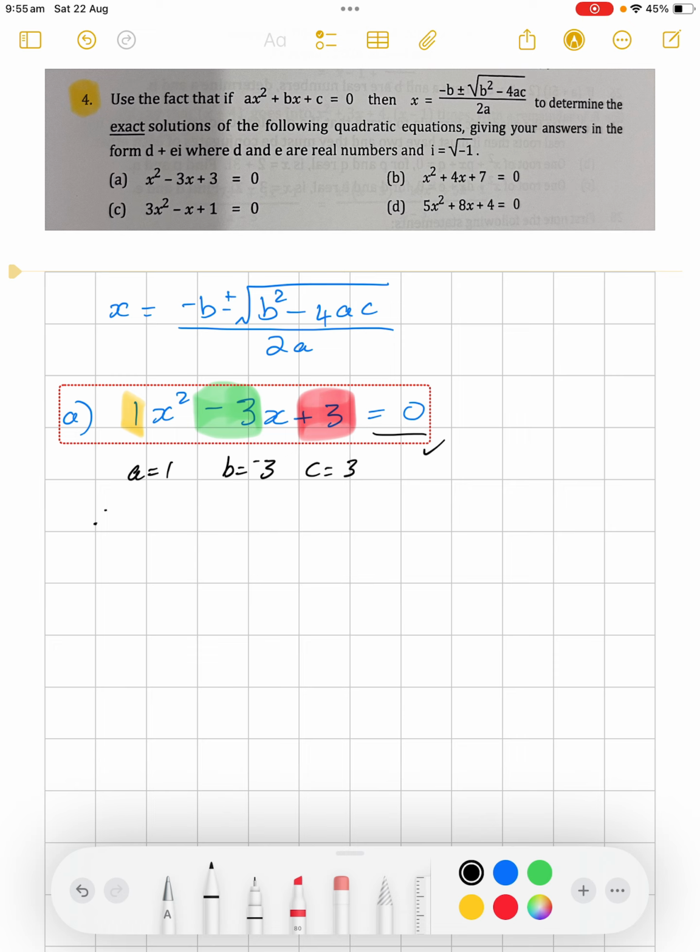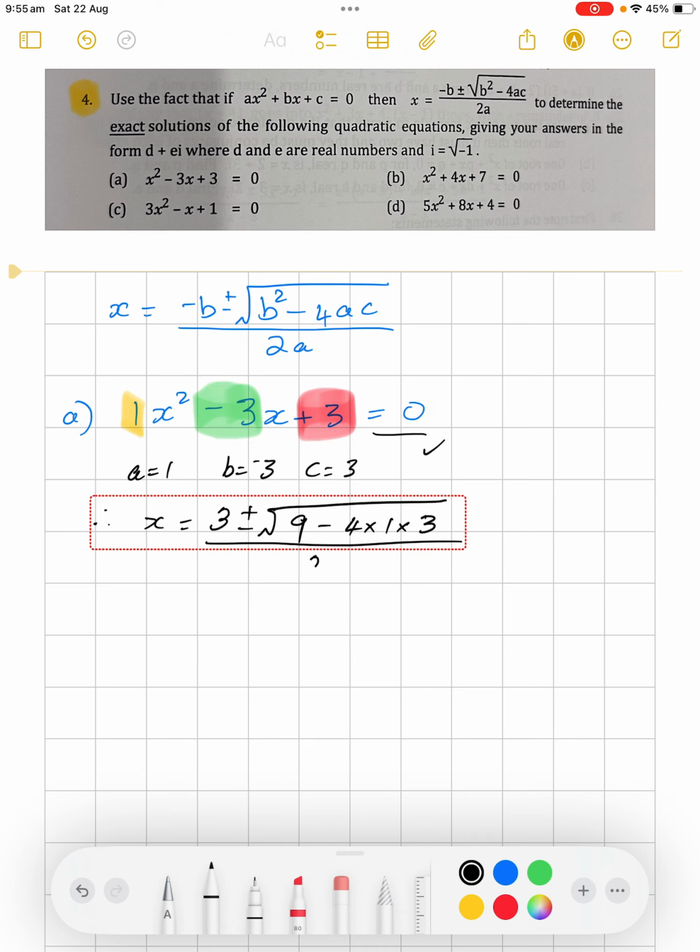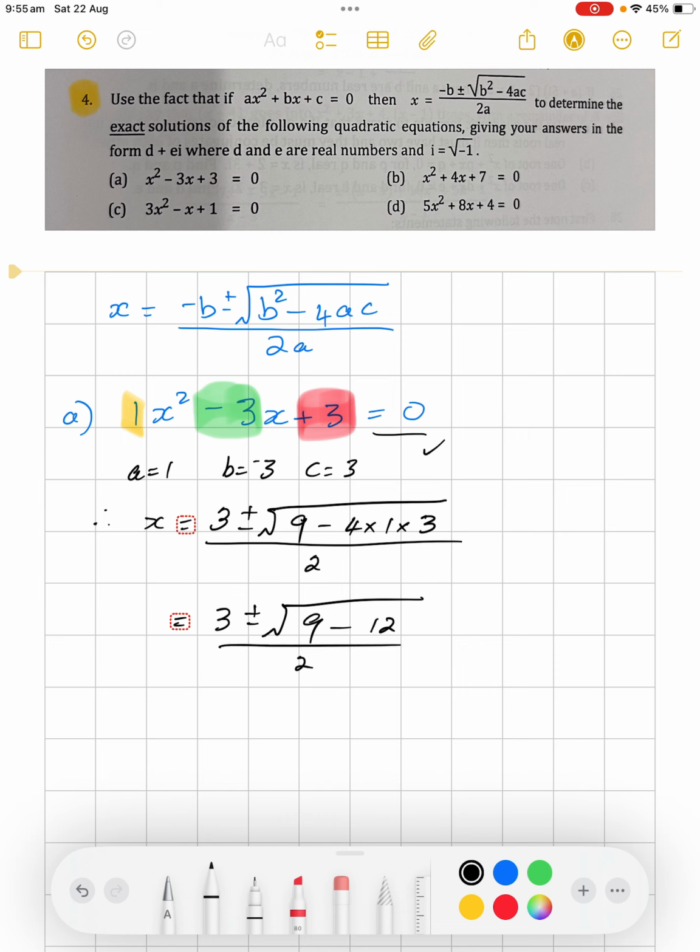Therefore, x equals negative b, so that's positive 3, plus and minus the square root of b squared, which is negative 3 squared, which is 9, minus 4 times a times c, all over 2a, which is 2 times 1. So we've got 3 plus and minus the square root of 9 minus 12, and we've got a negative 3 there.